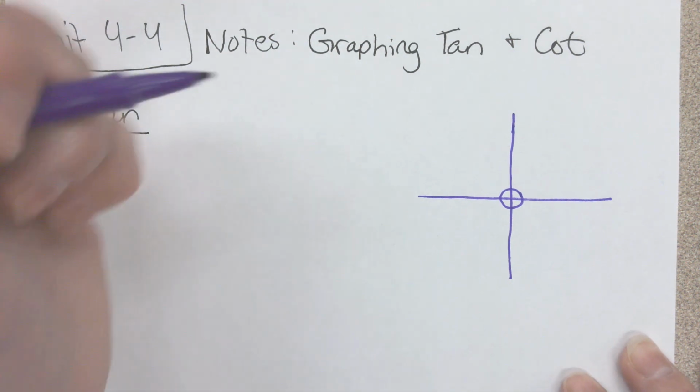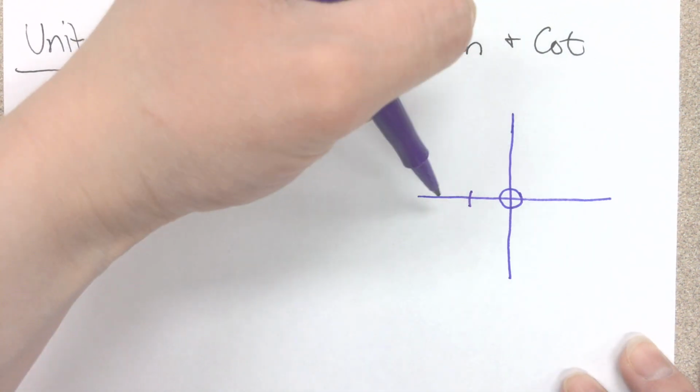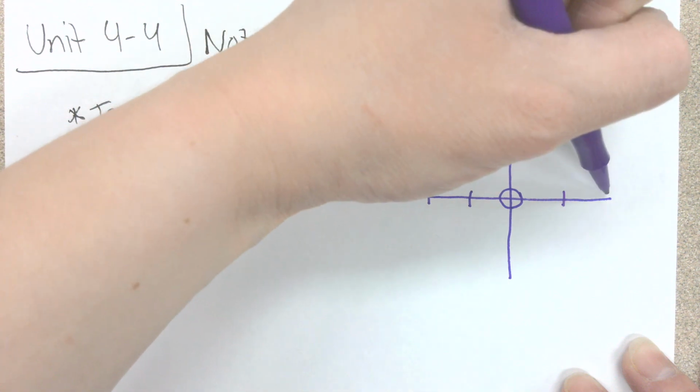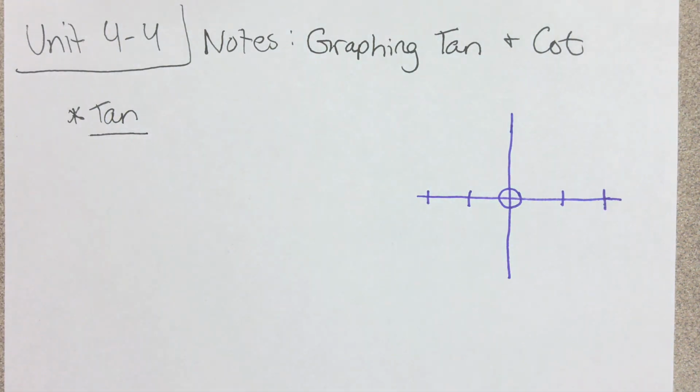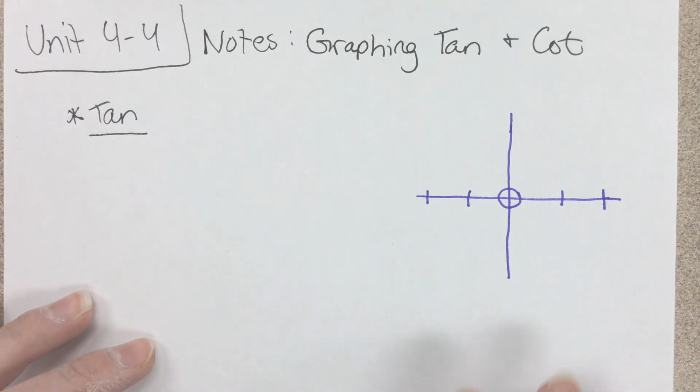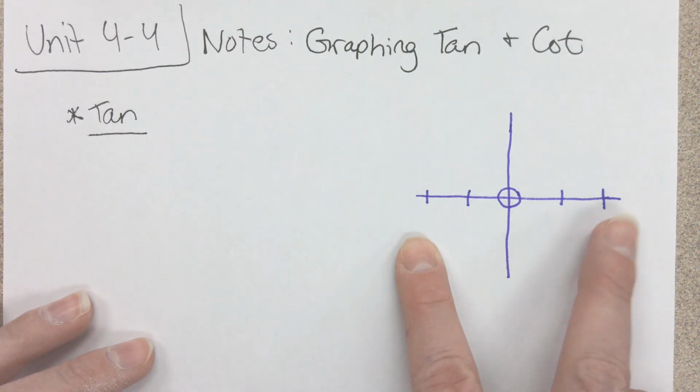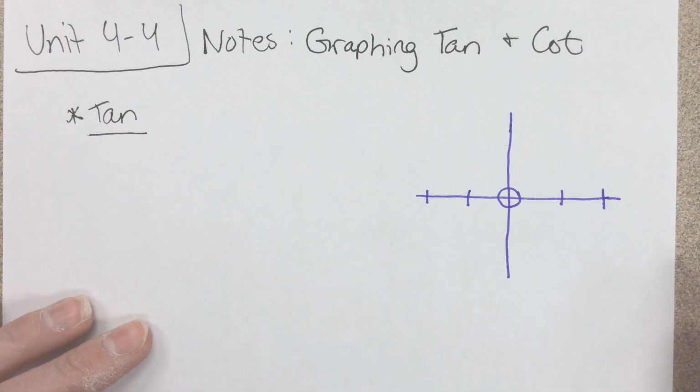For this curve, we're going to go out 2 to the left and the right, still making 4 additional notches besides the starting point. The tangent curve is going to be in the middle of the graph, and then on the left and the right sides are actually going to be asymptotes.